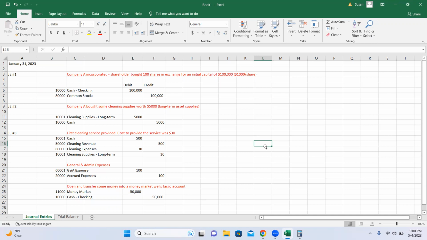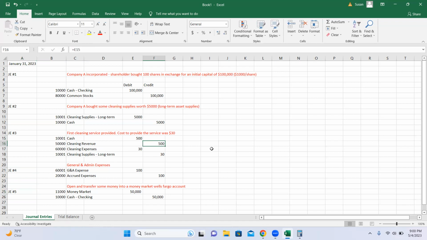So now that we have the journal entries, you can see it's like a general journal with all your journal postings, and I had forgotten to put the journal entry numbers. But if you were doing this in a computer system, it would definitely be a lot faster. But I just wanted to show you guys how to do it by hand.